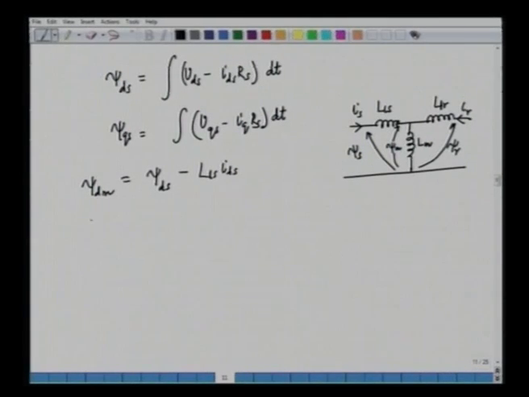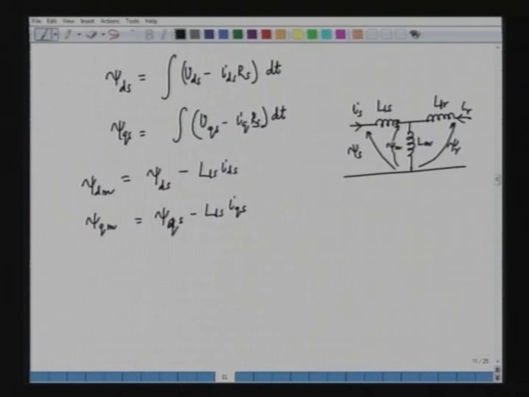Similarly, we can evaluate psi qm is equal to psi qs minus Ls into IQS, and we have to go again further.